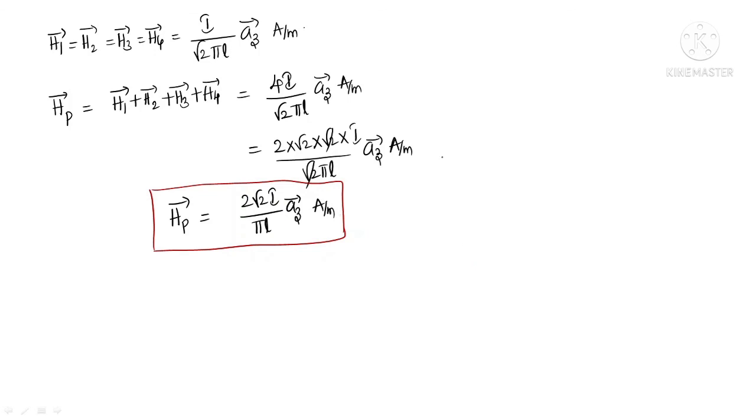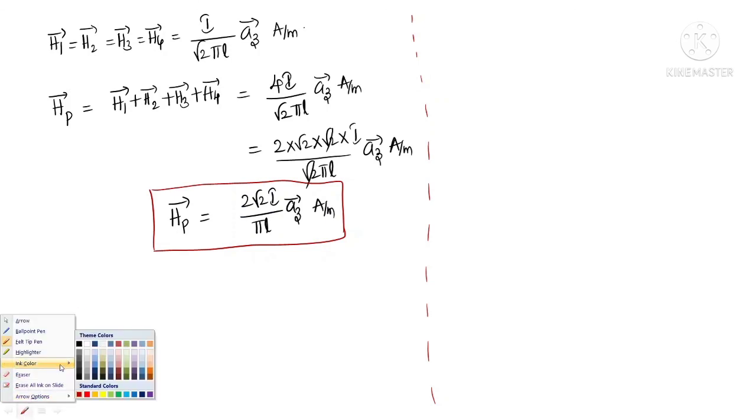Okay, so let me remind you or revise up to now using Biot-Savart's law. What are the various field intensities we have evaluated? Okay, so let me write all the things at a single place.